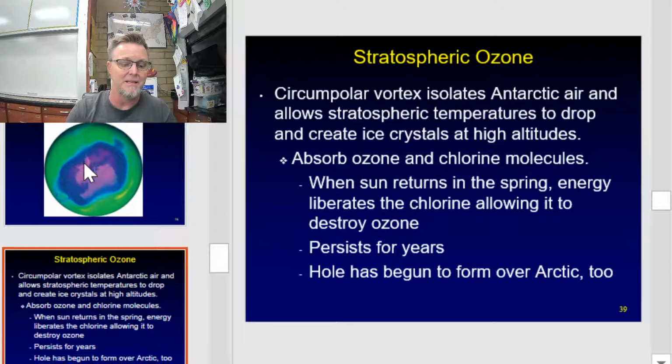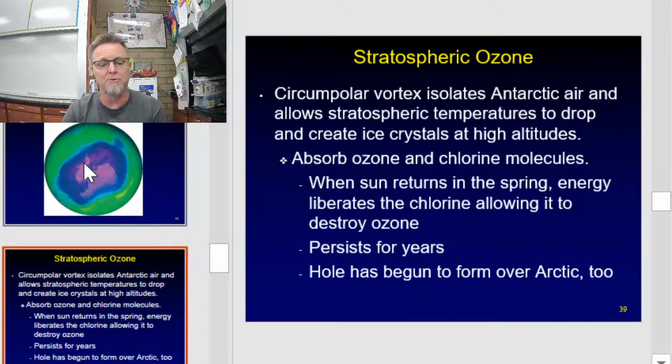It has been healing. Circumpolar vortexes isolate Antarctic air, and this is what has allowed that ozone hole to form. These circumpolar vortexes basically create ice crystals at high altitude that absorb ozone and chlorine molecules.